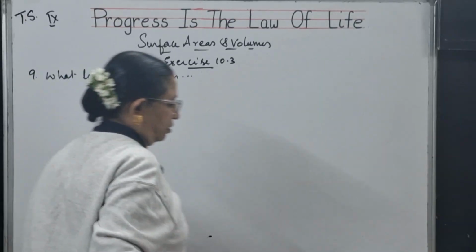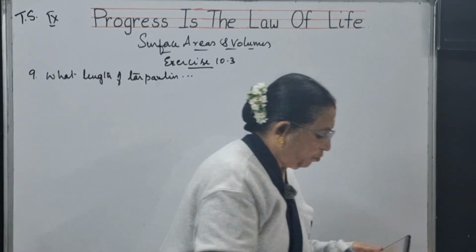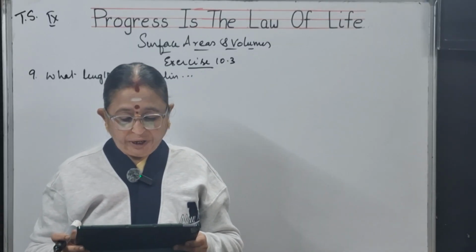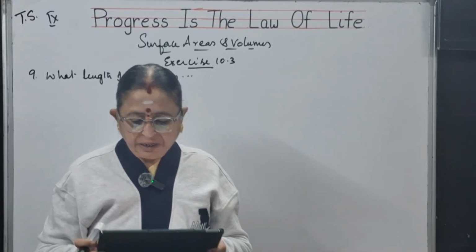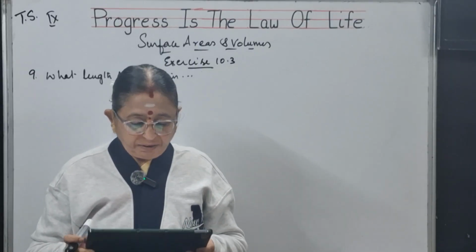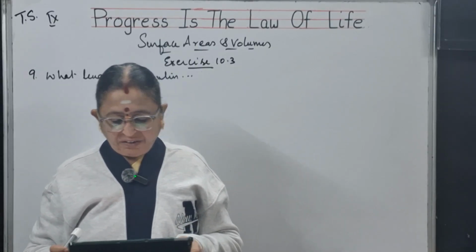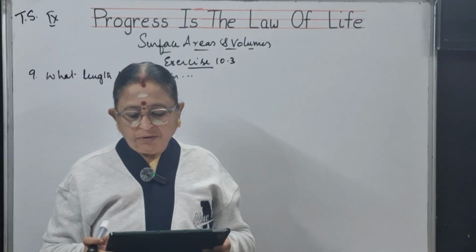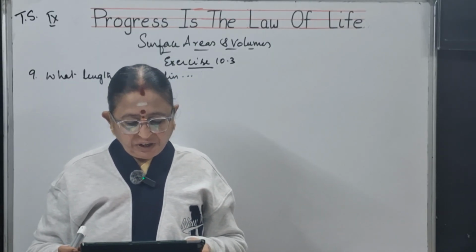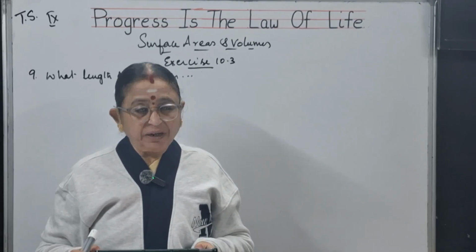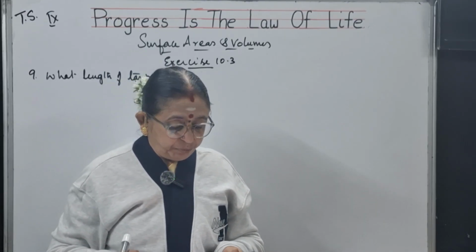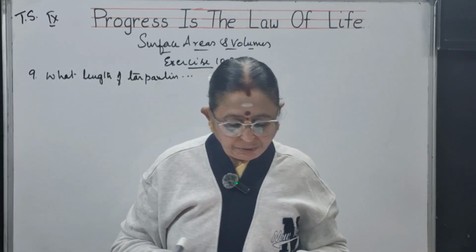What length of tarpaulin 3 meters wide will be required to make a conical tent of height 8 meters and base radius 6 meters? Assume extra length of the material that will be required for stitching, margins and wastage in cutting is approximately 20 centimeters, and use pi as 3.14. This is the problem, children.